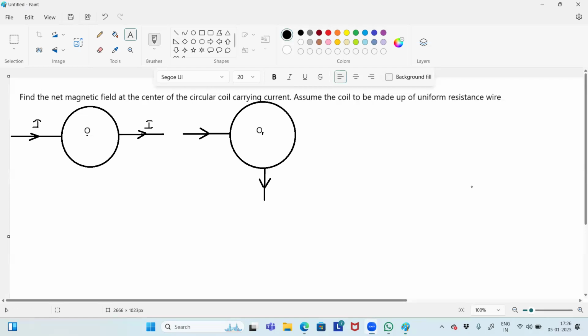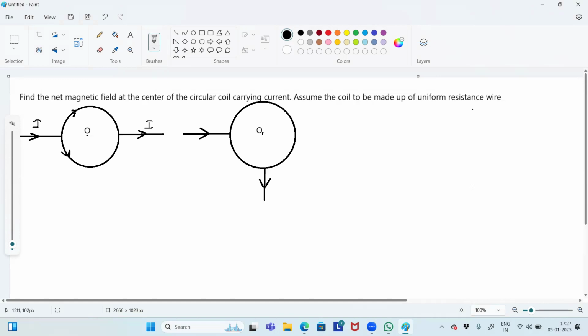In the first case, the current enters at the left end of the circular coil and divides into two. One part will go through the upper semicircle. The other part will go through the lower semicircle.